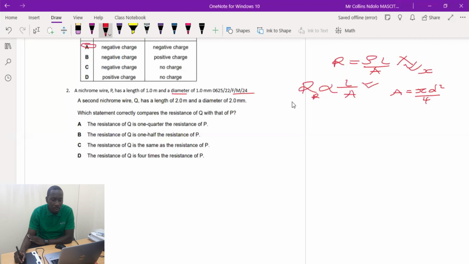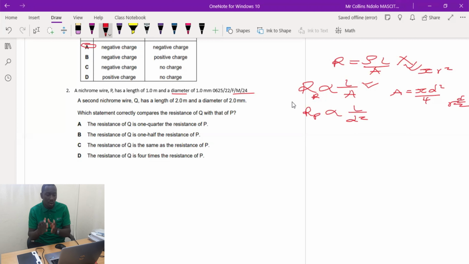We know that the cross-sectional area of a circular surface is pi r squared, but r is d over 2. So A is given by pi over 4 d squared. Therefore, we can rewrite this as RP is directly proportional to L over d squared. Remember, pi and 4 are constants. When I'm looking at proportionality, I don't need a constant value there. I need a variable.